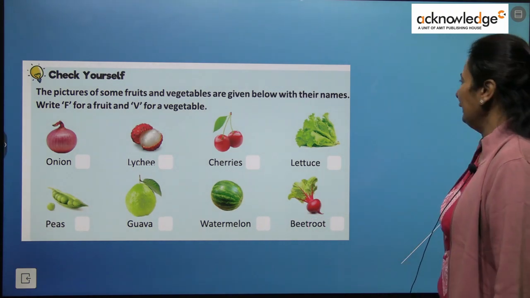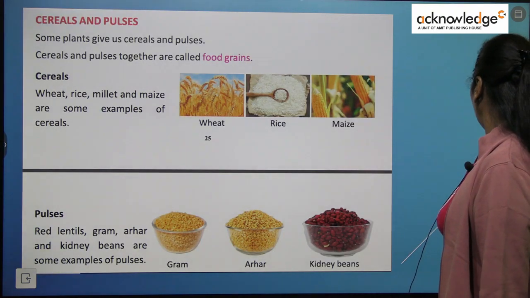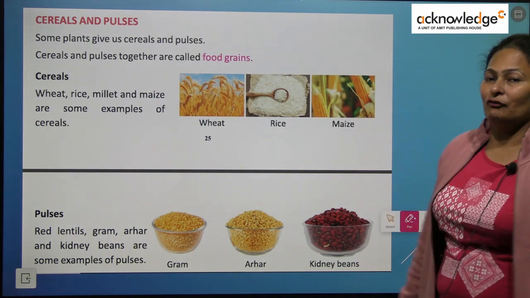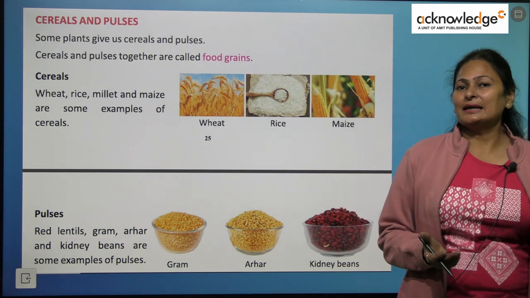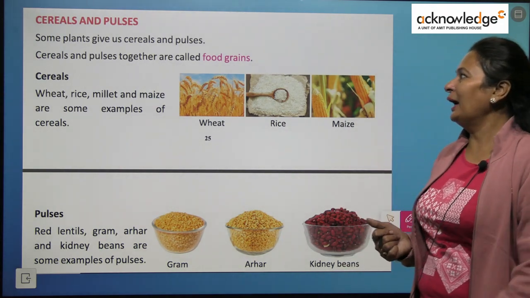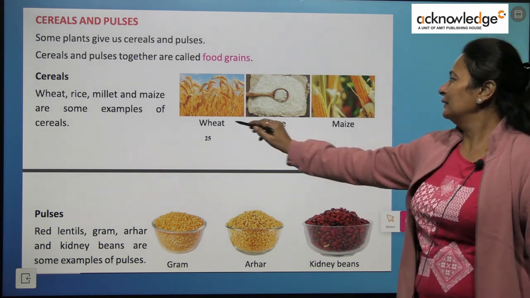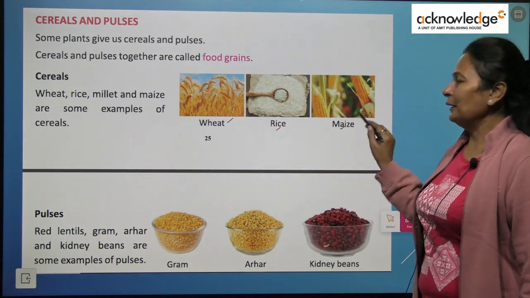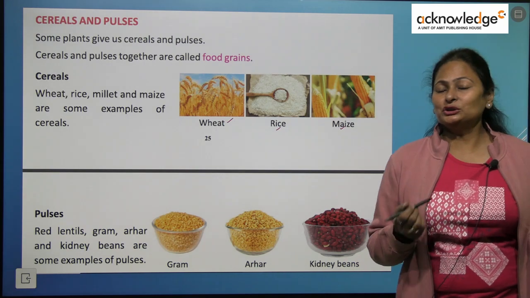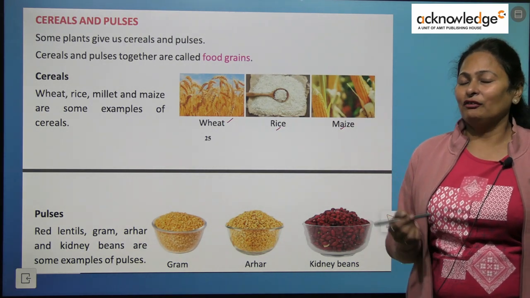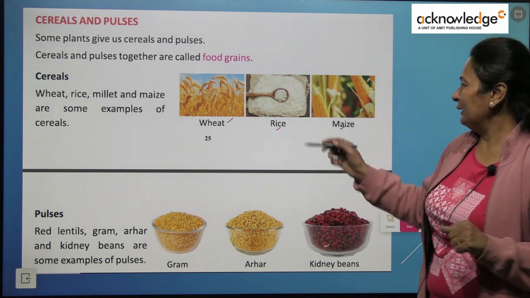So let's move on to the next exercise. Here we will discuss cereals and pulses. We also get cereals and pulses from plants. Examples of cereals are wheat, rice and maize. But we need to cook the cereals first, then we will eat them. We grind it first, like rice.